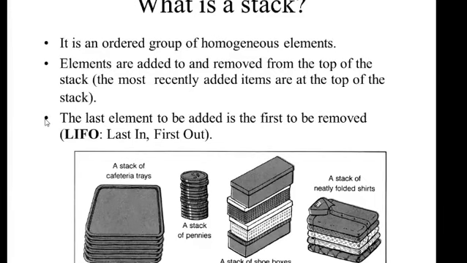So here we are using a single end to insert or remove an element from that container. Here are some real world examples in front of you, and you can see that the last inserted tray will be on the top of the stack, and the first inserted tray will be on the bottom of the stack. In a similar way, the stack in computer science behaves as in these examples.